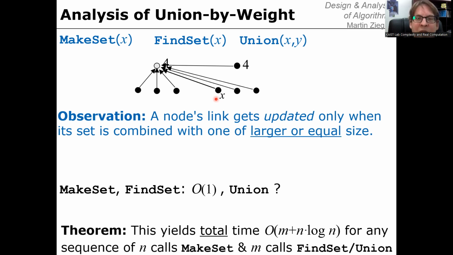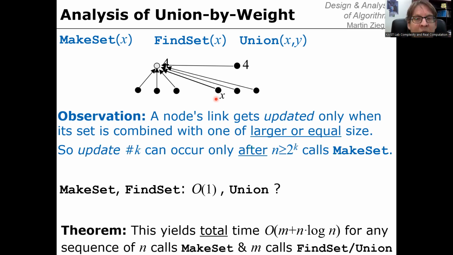Next time there must be a set of 4 times the size. Then there must be a set of 8 times the size. And for this link to be updated K times, there must exist at least one set of size 2 to the K. And for a set of size 2 to the K to exist, that means there must exist 2 to the K elements. Therefore, the user must previously have made calls to make set at least 2 to the K times. And that's really the core of the amortized analysis of this union by weight.